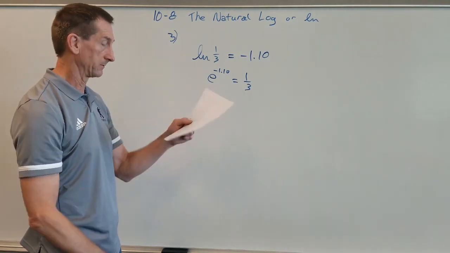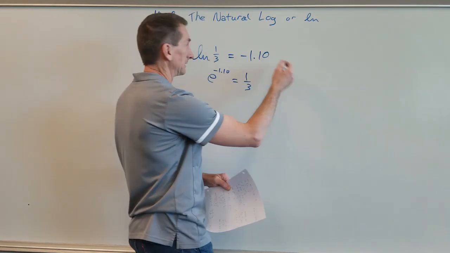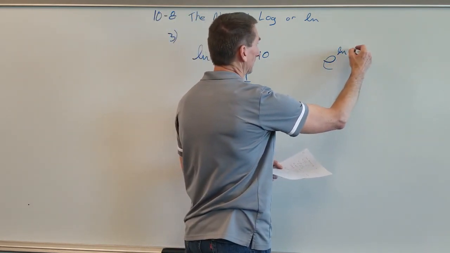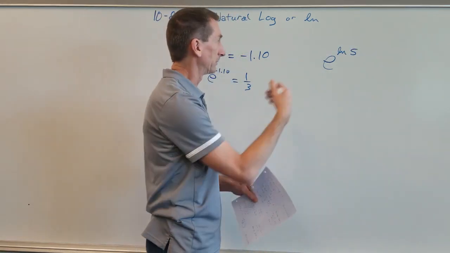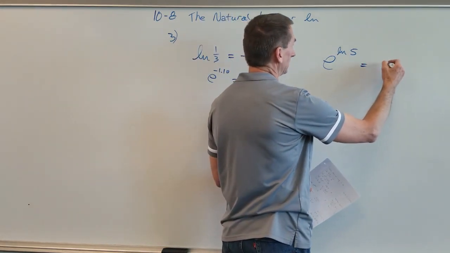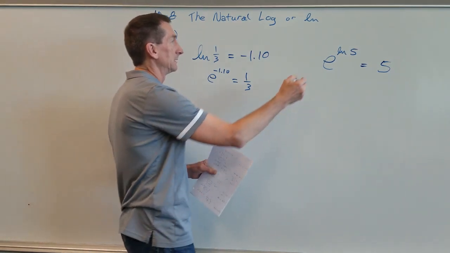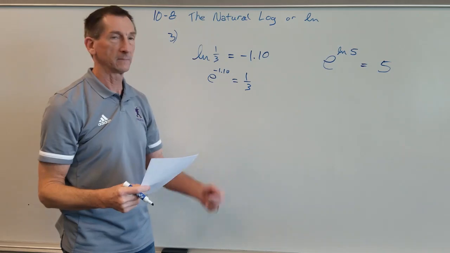Let's look at something over here, something really similar. Suppose I have e to the natural log of 5. By the principles of logarithms, I know this to be just 5, because e to the natural log of 1 is 1, so e to the natural log of 5 is 5.